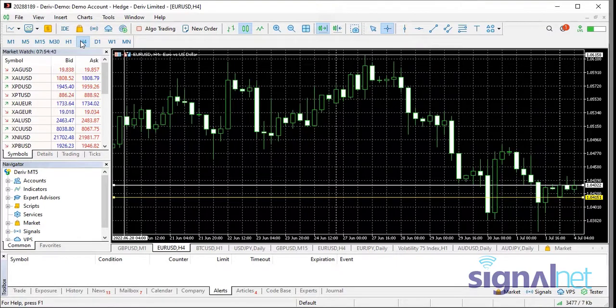Now, if we have a turning point on 4 hours, and we are looking at a 5 minutes chart and the price comes down and hits that support level that was formed on 4 hours, we expect that on 5 minutes we should see some kind of reaction.